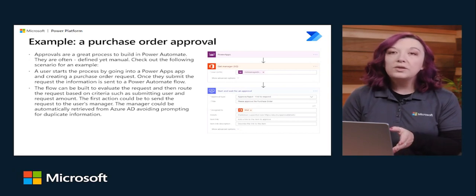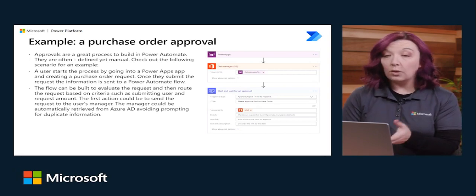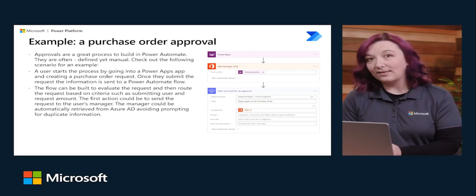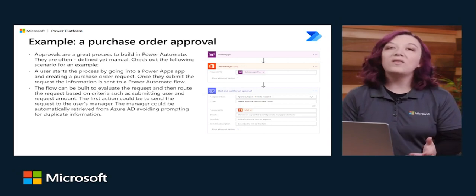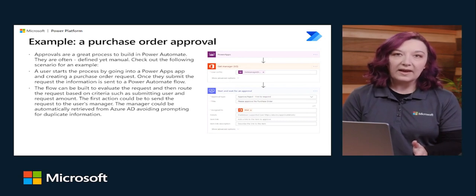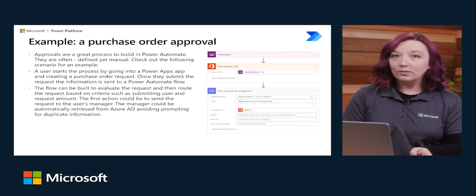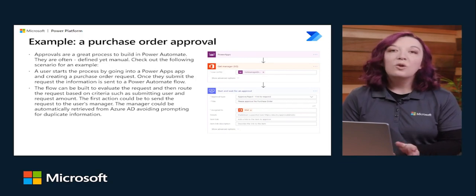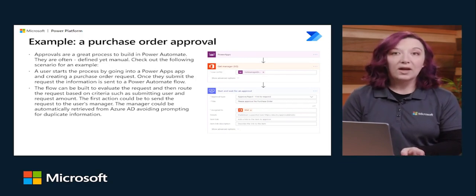So here, a user can start the process by going into Power Apps and creating a purchase order request. Once they submit their request, the information is sent via Power Automate Flow. The flow can be built to evaluate the request and then route it based on different criteria.